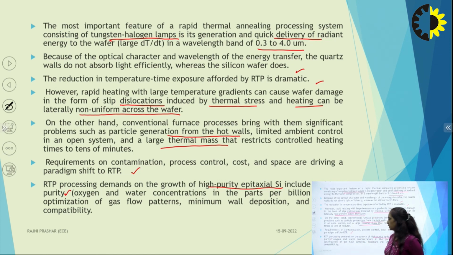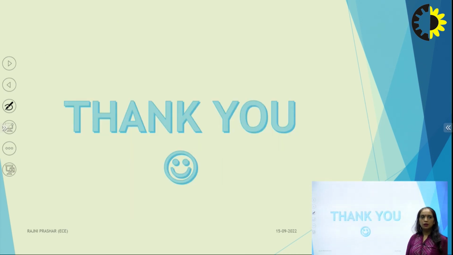Ambient purity means no oxygen precipitates will be there, no water concentration will be there, and the contamination in the per billion particle range is very much less in the case of RTP, this rapid thermal process. And the gas flow pattern can also be controlled, wall deposition is minimized, and vacuum capability, that we have to maintain the vacuum throughout the process.